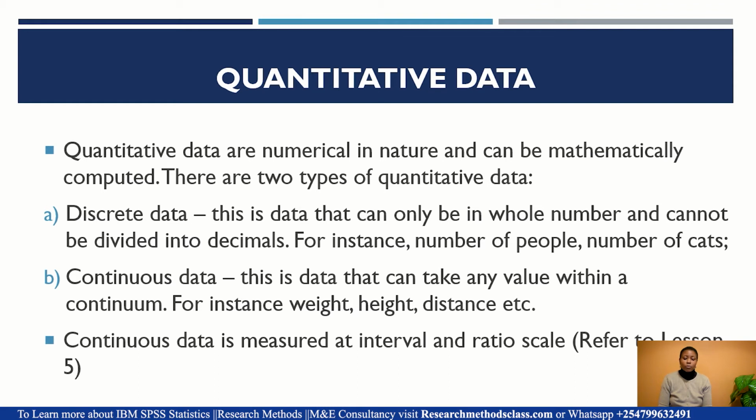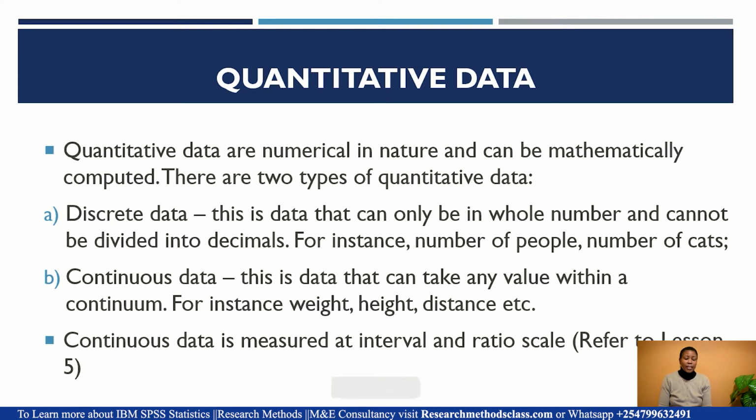We have two types of quantitative data. We have data that can only be in whole numbers and cannot be subdivided into decimals, and that we call discrete data. And we have continuous data, which is data that can take any value within a continuum. Now let us look at an example.